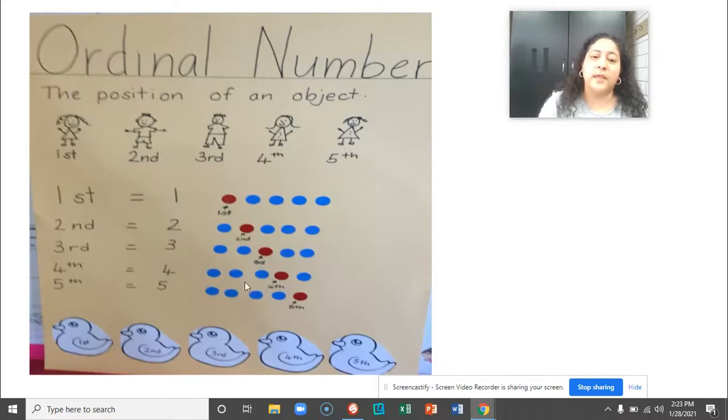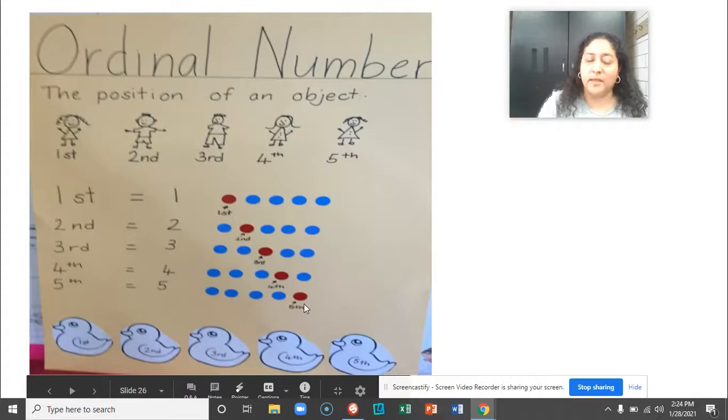All right. Now we're going to our last line. And this one, the red dot is in the number 5 spot. 1, 2, 3, 4, 5. Instead of saying he's on the number 5 spot, we can say he's fifth in line. He's the fifth one in line. So we have first, second, third, fourth, and fifth.